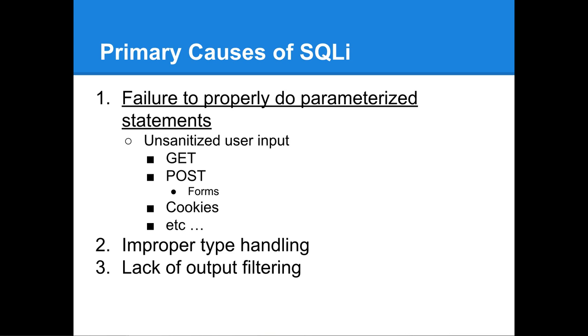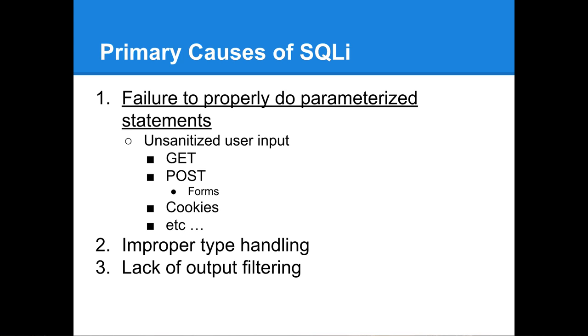This means every variable from GET requests, POST requests, including POST form submissions, cookies, user agent data, and so on. Anything you get from the user you should not trust, and you should sanitize through parameterized statements if it ends up interacting in any shape or form with the backend database.